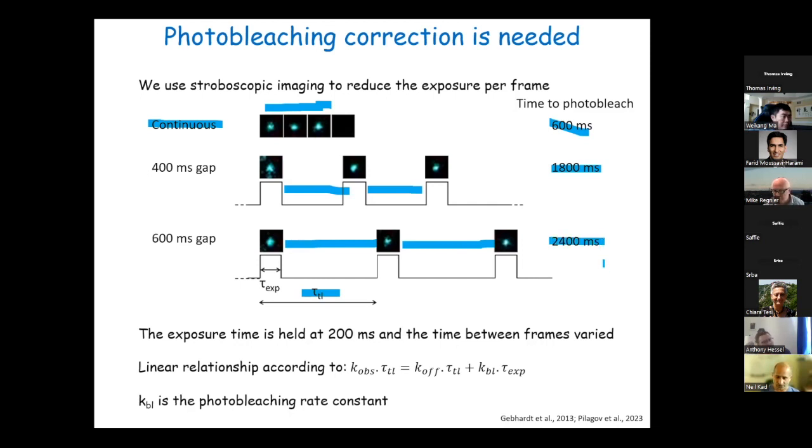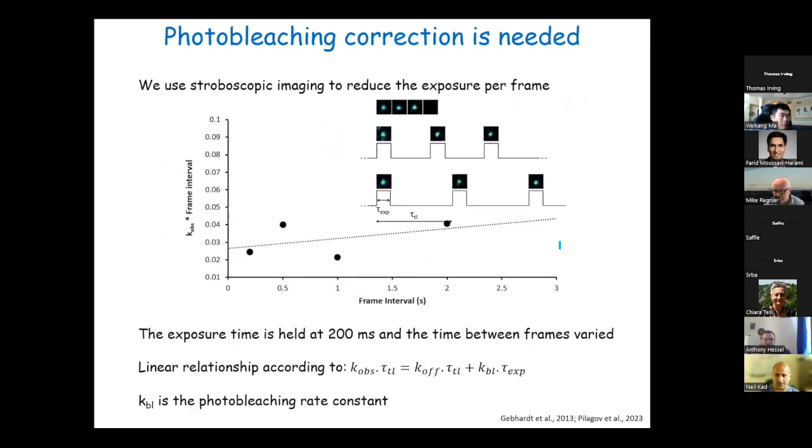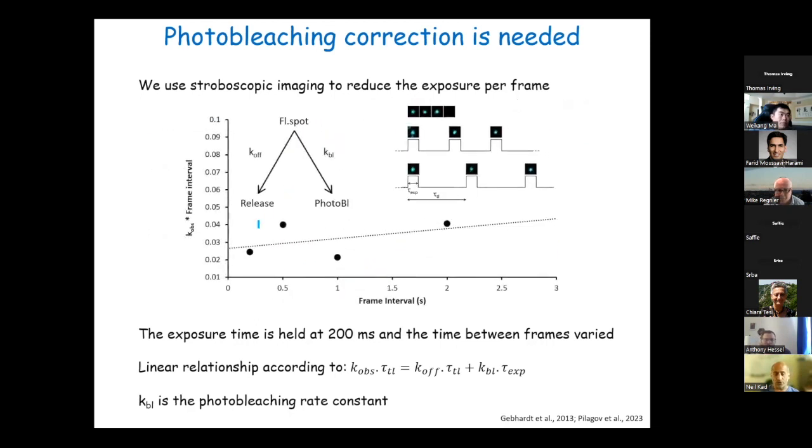This actually turns out to follow a simple linear relationship, which is that the fluorescent spot can either disappear through release of the nucleotide or through photobleaching. And so that leads us to this equation that I show you down here.